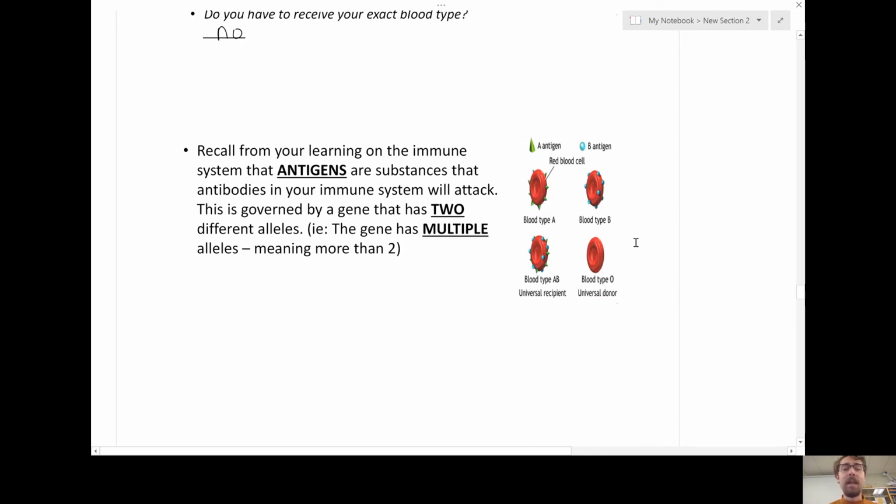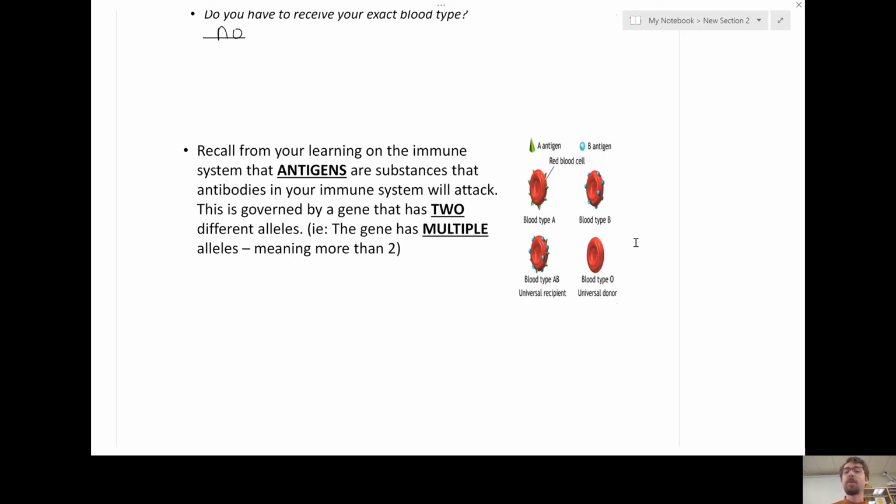Remember back in grade 8, we have these things called antigens. An antigen is basically a protein on the outside of cells or microbes. It's a protein that your body does not recognize and it wants to destroy.